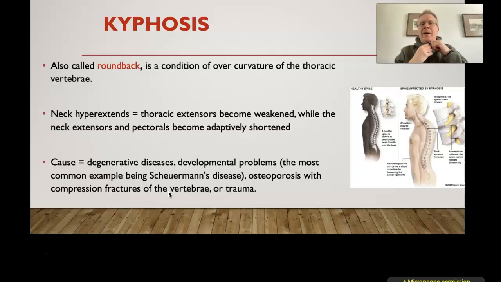And then kyphosis. We talked about that in that initial one, but kyphosis specifically is, some people will call it round back. I don't really like calling it round back, but some people will call it that. What we'll see with kyphosis is a compensation with the neck, right? We'll see that extending. You can see that in the picture here, the neck being tilted forward and hyperextending a little bit. This is caused from the thoracic extensors, so the rhomboids.